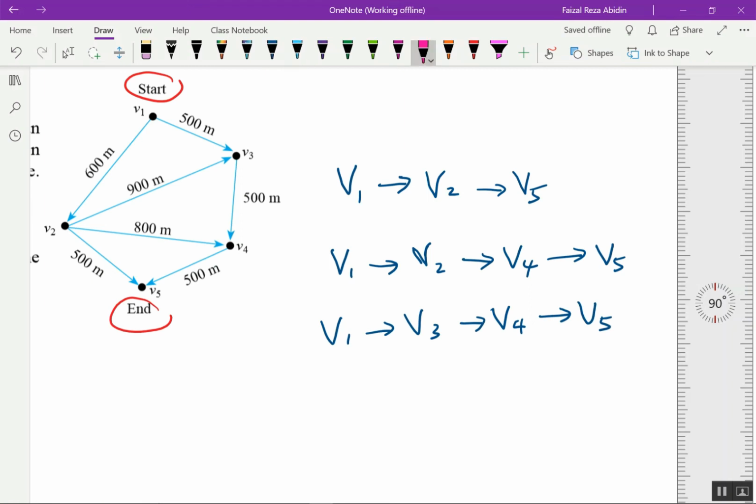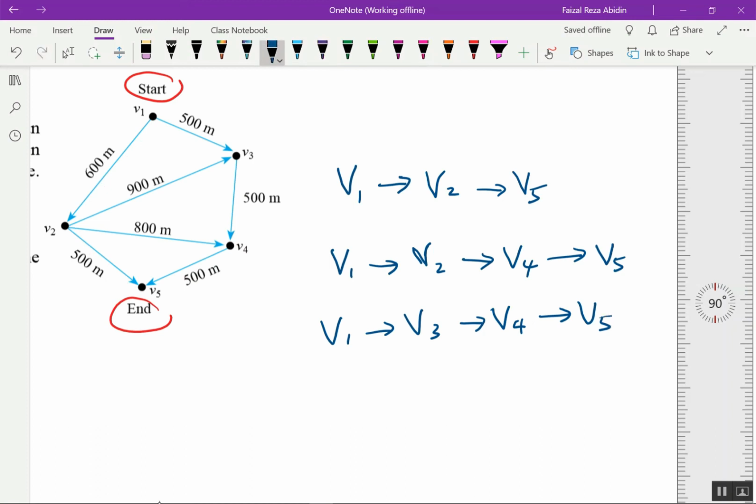For this one, V1 to V2 to V5. This is the first route.